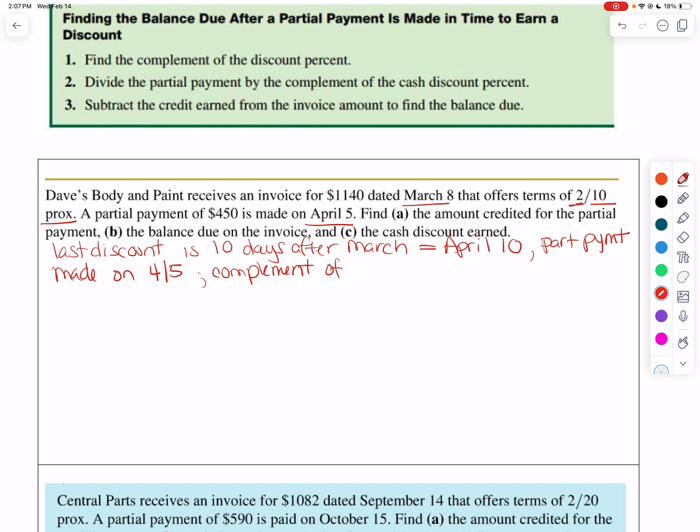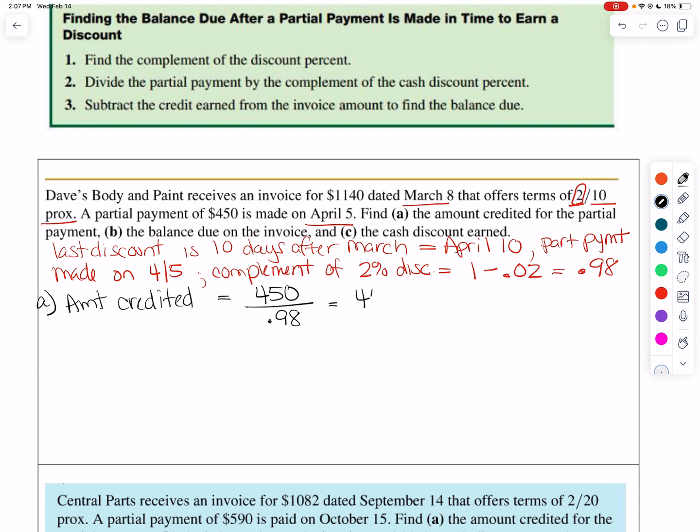It's a 2% discount. So 1 minus 2% as a decimal is 0.98. For part A, the amount credited is the partial payment amount divided by the complement, 0.98, and that is $459.18. That's the amount credited for the partial payment.